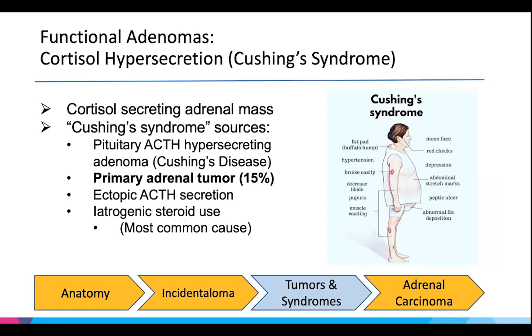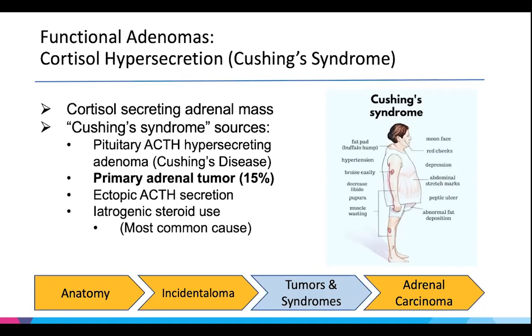A primary adrenal tumor, as we are talking about now, makes up 15% of Cushing's syndrome sources. You could have an ectopic ACTH secretion, like from lung cancer. And the most common cause, importantly, is iatrogenic steroid use.